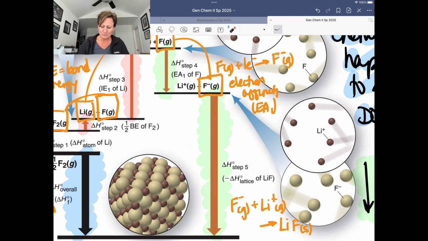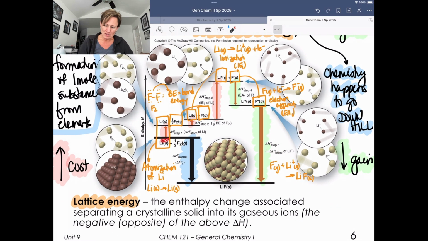Huge arrow. But note here, if I add up my costs and I consider my gains, the net of this process overall is favorable. Now, maybe you might remember, if not, I'll show you in just a second. There was a video that we showed when we had not lithium fluoride reacting. We actually had the electronegative boogie of atoms reacting.